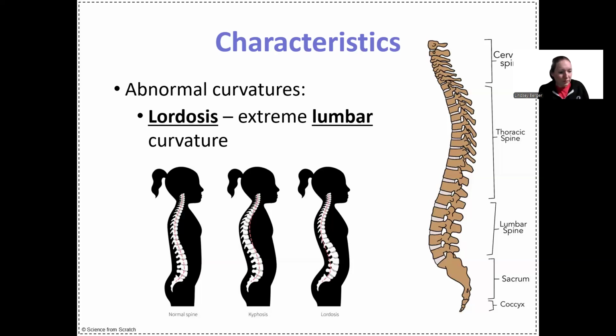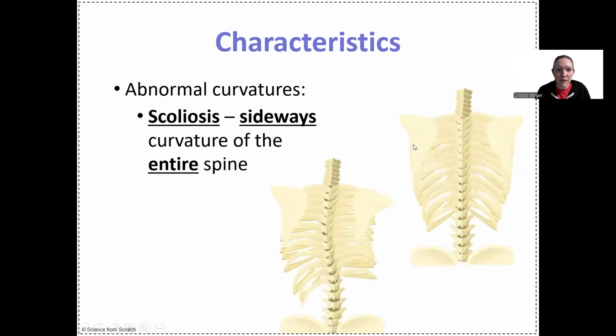Okay. Last but not least, you can also have something called scoliosis. This used to be a very common test. I think they still do it for some sports physicals, but they want to see if your spine curves sideways. Because for certain sports, you can't do this safely and be in the sport if your spine is curved sideways. It's not safe.